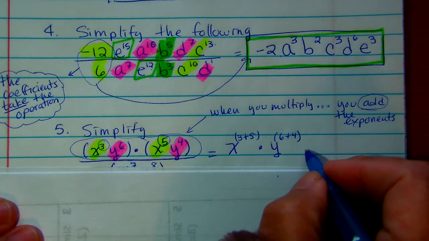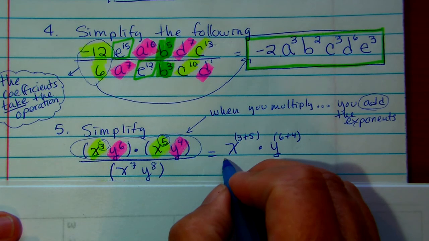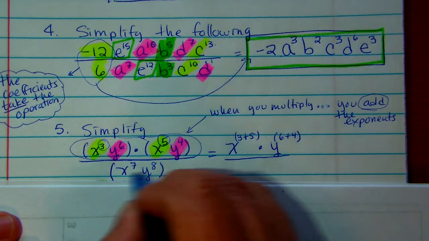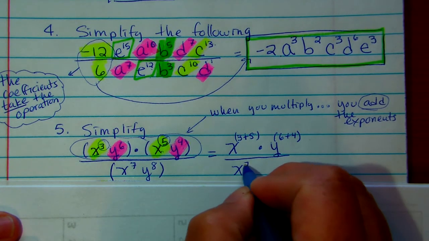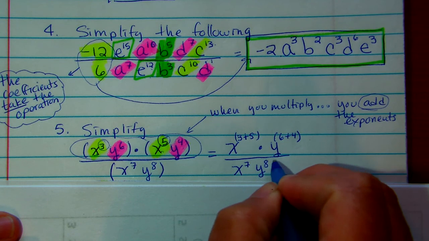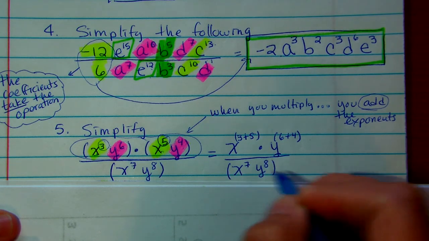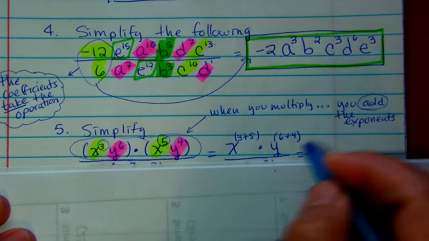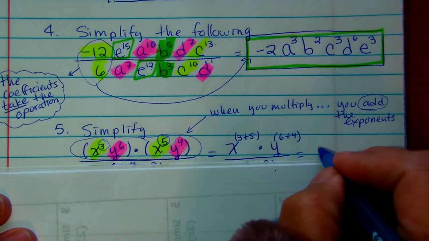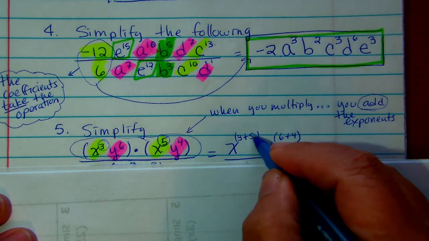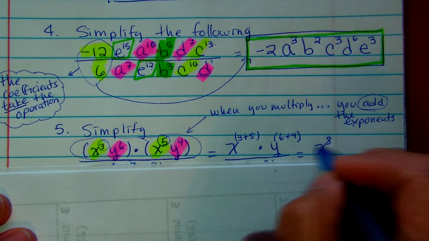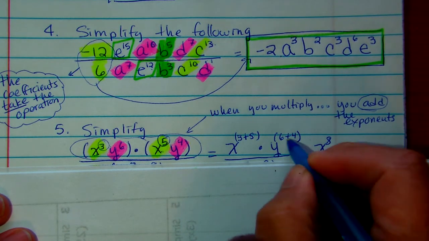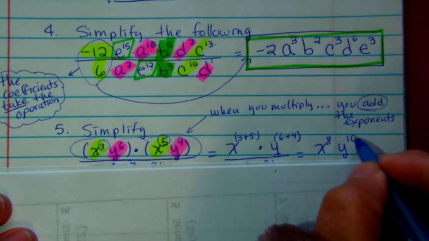Now, I'm just going to write the part on the bottom, because we just have to remember that we still have this right here. Okay, so let's get this simplified. For the x, 3 plus 5, 8. For the y, 6 plus 4, 10.